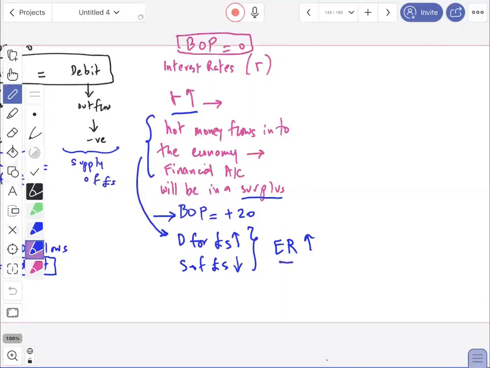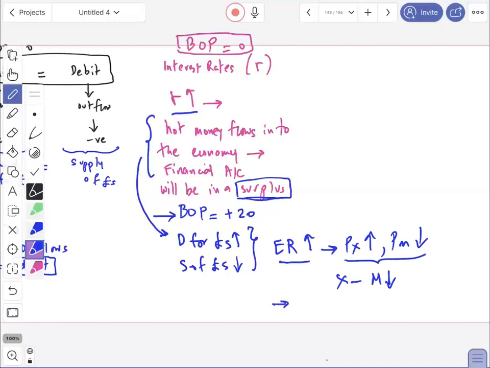So when the exchange rate goes up, exports become expensive, imports become cheaper, and that means my X minus M goes down, which means a financial account surplus is leading to a current account deficit.